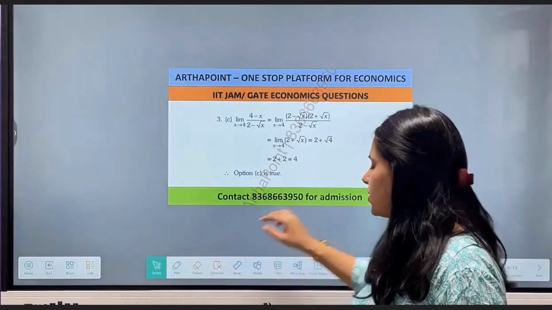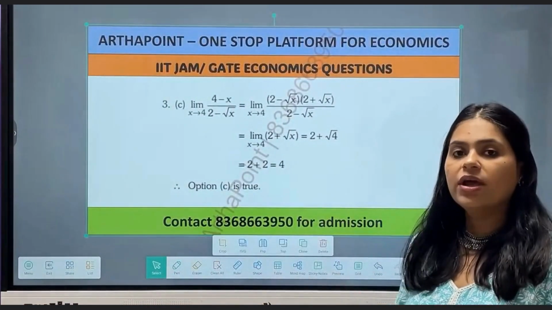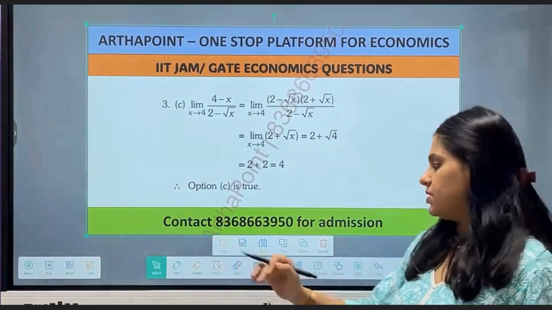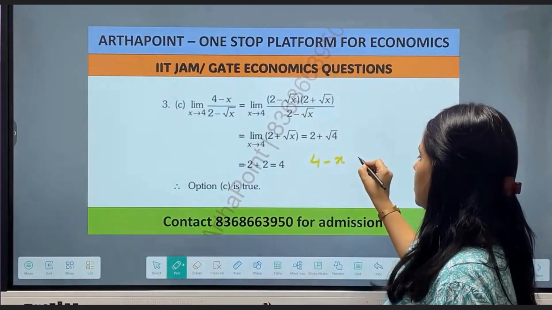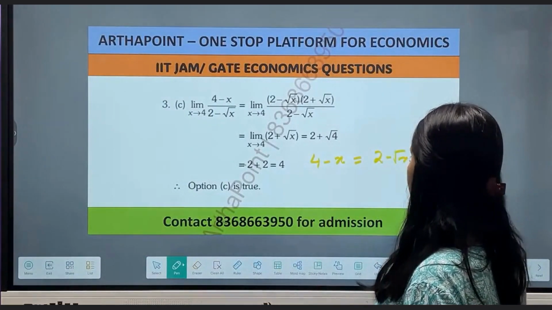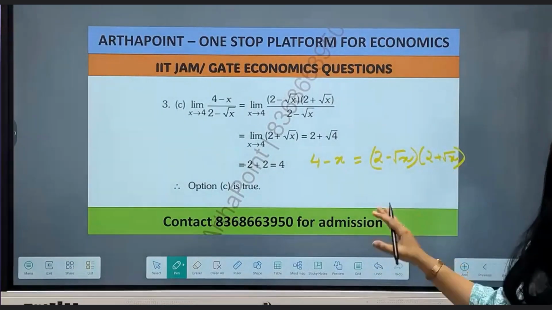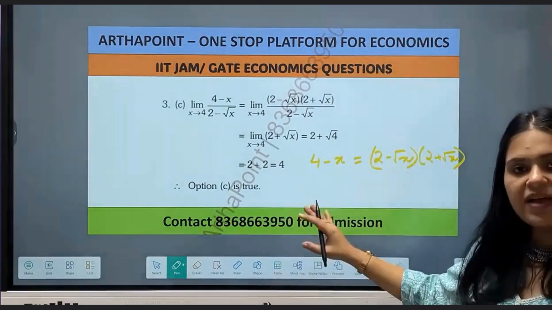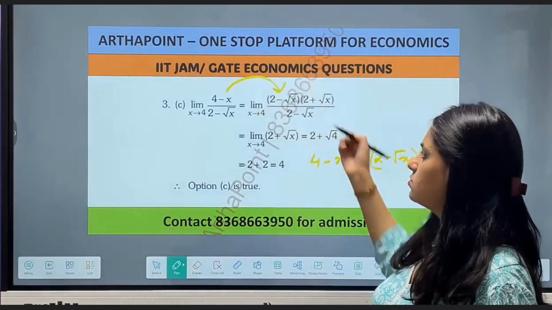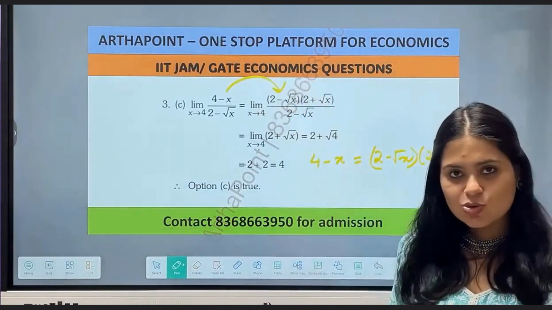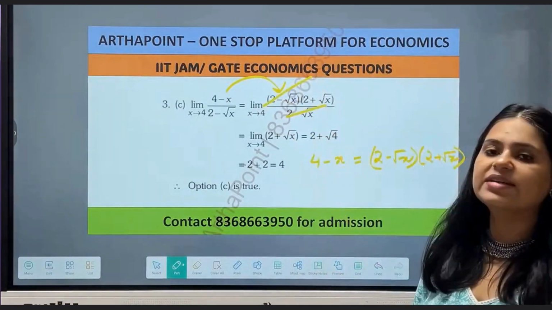Okay, so let's start. See that the numerator has been broken down into (a minus b)(a plus b). How can I do that? Very simple. I have 4 minus x, that means (2 minus root x) into (2 plus root x), since (a minus b)(a plus b) is a square minus b square. So we have written the numerator like this. The denominator is 2 minus root x. So this and this get cancelled.